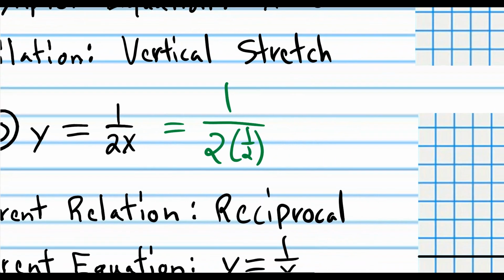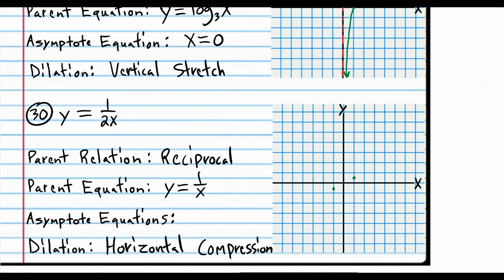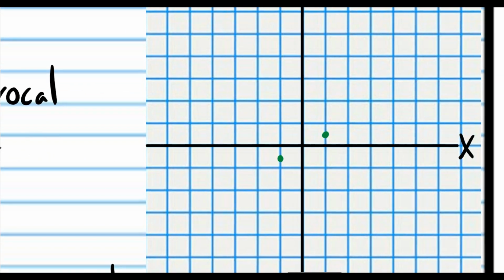And don't you agree that 2 times 1/2 is 1? So we get 1 over 1, which is 1. So if we plug in 1/2 for x, we get 1. So I'm going to mark that point. And if you plug in negative 1/2, you also get 1, except negative 1.